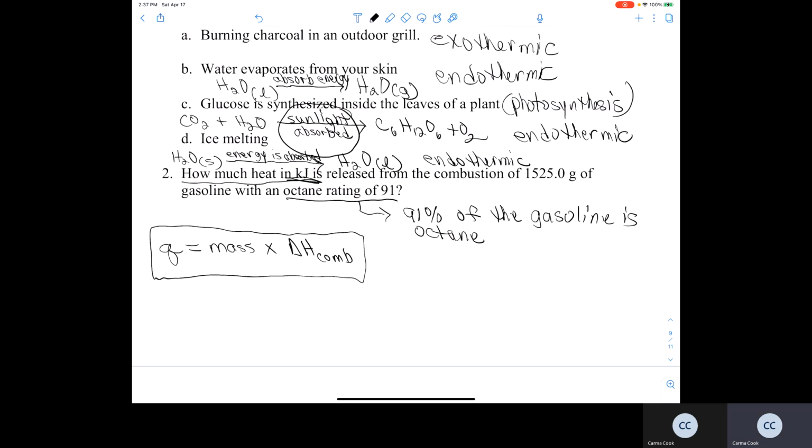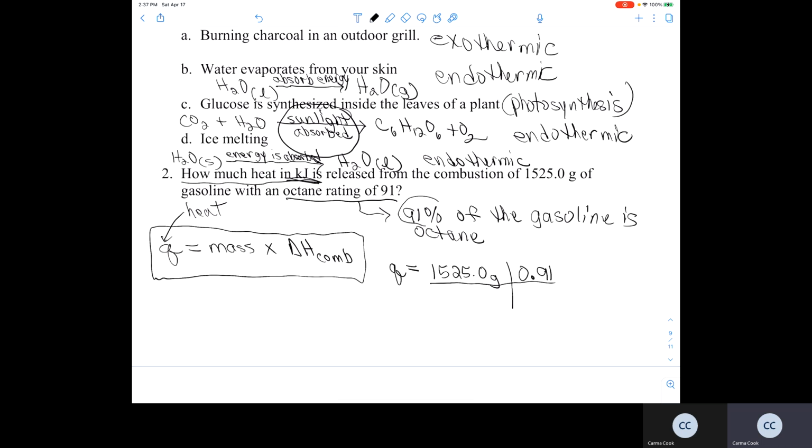So therefore, the amount of heat, Q, is going to be equal to 1,525 grams times 0.91.